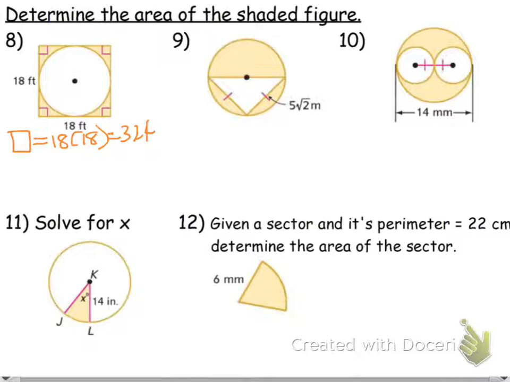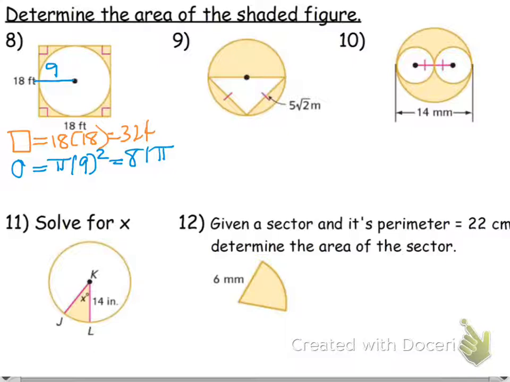And then I'm going to go down and I'm going to say, okay, well now I need to get the area of the circle. So the area of the circle is pi r squared. Okay, well you need to know what the radius is. Well, I know the diameter is 18, which means the radius is 9. So that's going to be pi 9 squared, which is 81 pi.